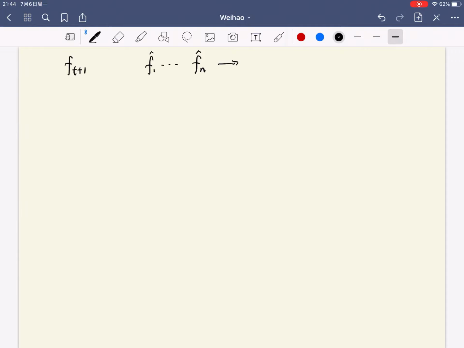Then we first estimate f hat at time point n plus 1, then the value of y is given by this.